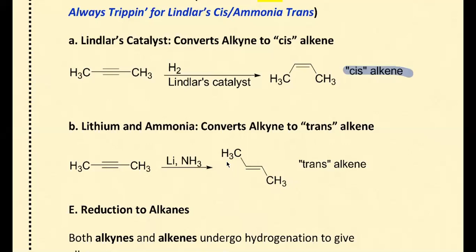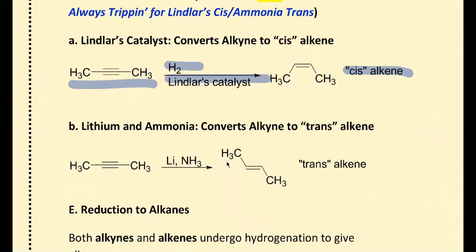It's called Lindlar's catalyst. So when you see Lindlar's catalyst in the presence of an alkyne and hydrogen gas, that's a giveaway that the alkyne is going to get converted into an alkene, but it's going to be done in a cis fashion. So your alkene in the product is cis.